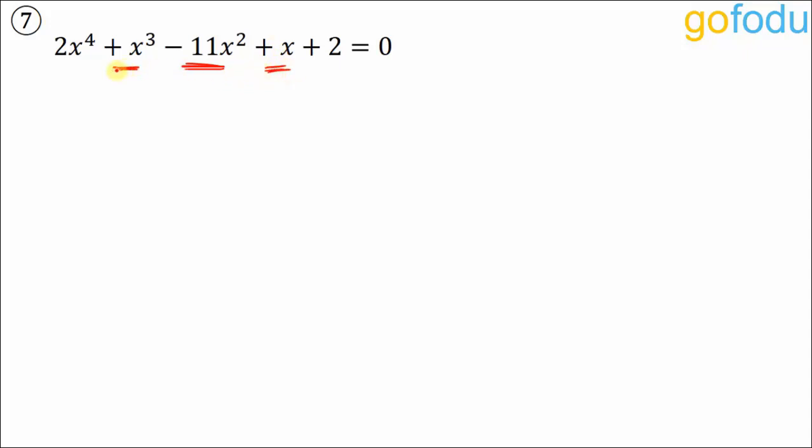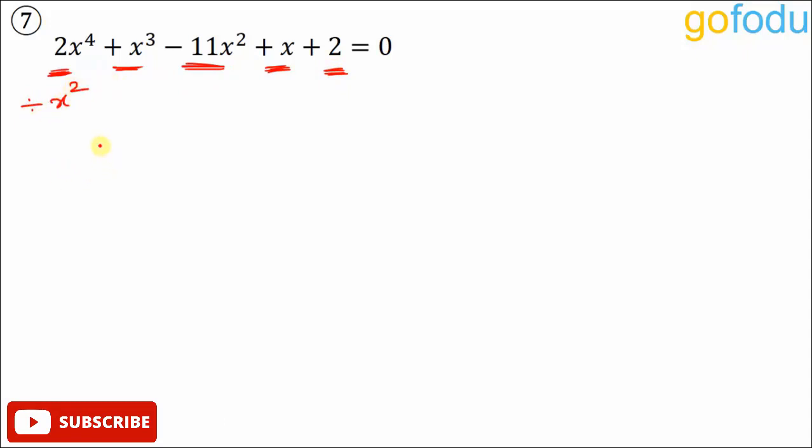And two steps toward left is plus 2, the coefficient here is 2 and here also the coefficient is plus 2. So if the coefficients to the left and to the right are the same, then straight away divide by x square. The whole equation will get divided by x square.